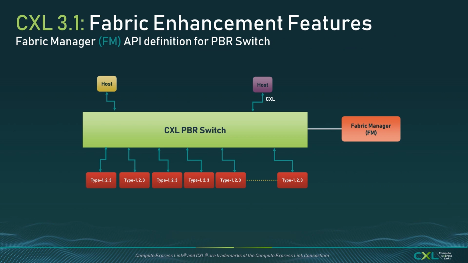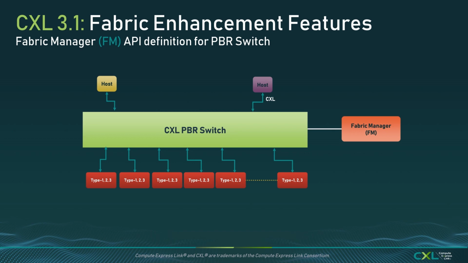Okay, and Mahesh kind of went through some of this. We have a fabric manager that is the entity that configures the PBR switches and even the CXL 2.0 switches. This is a necessary entity to configure these resources, which may be assigned to different hosts or shared between multiple hosts, and also just the general configuration of the PBR switch, because those links between the switches aren't exposed to individual hosts.